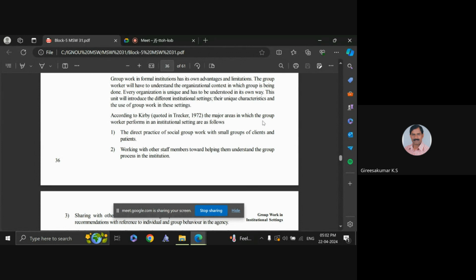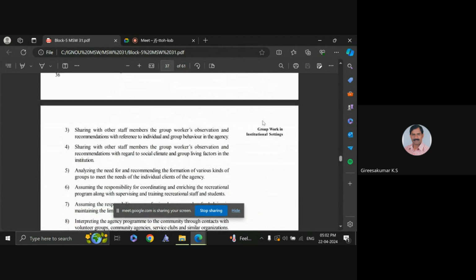According to Kirby, the major areas in which group work performs in an institutional setting are as follows. Social work groups in small groups, clients, and patients. Working with other staff members and sharing the group's own observations with other staff members.